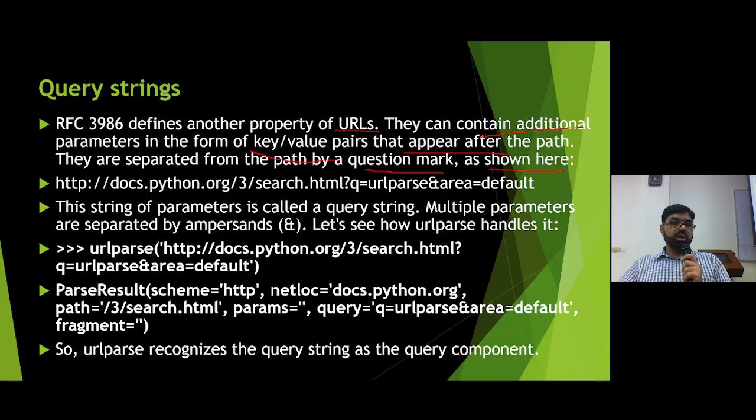Like, suppose docs.python3.org/3/search.html question mark, then q equals urlparse and area equals default. This string of parameters is called a query string. Multiple parameters are separated by an ampersand.